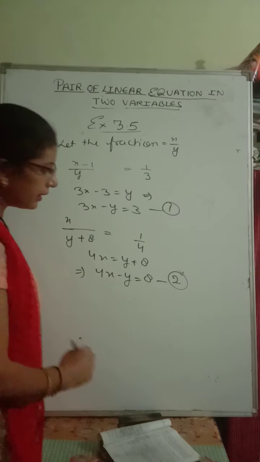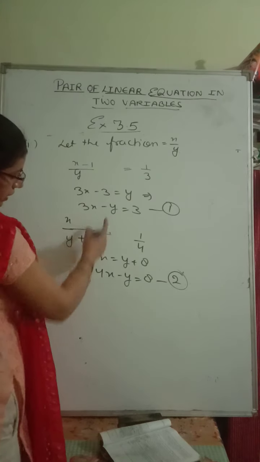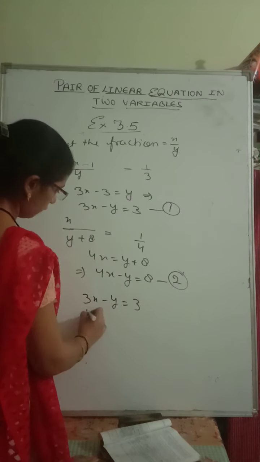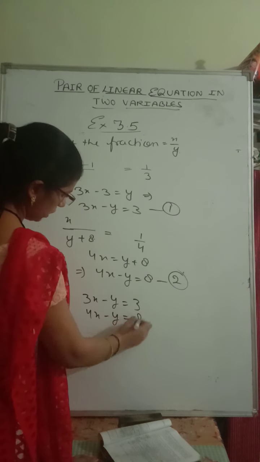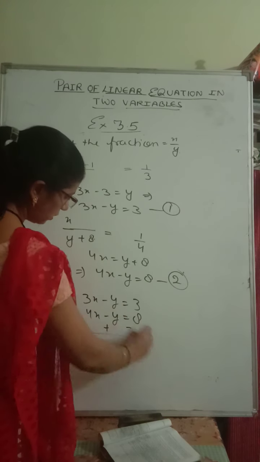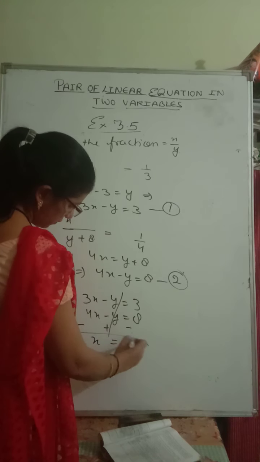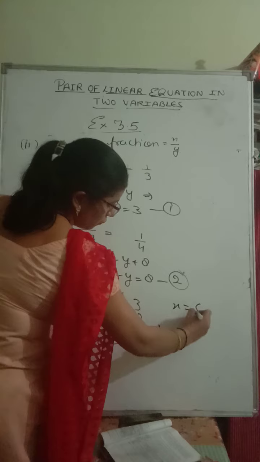So you can solve it by any other method. So now I can solve it by elimination method. So 3x minus y equals to 3, 4x minus y is equals to 8, plus minus minus, cancel out, minus x is equals to minus 5, which shows x is equals to 5.